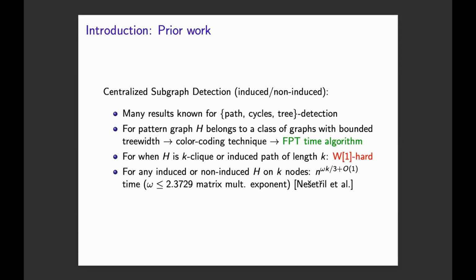But for some pattern graphs H with good structural properties, we are able to design efficient algorithms based on methods in parameterized complexity. For example, for pattern graphs with small treewidth, we can design efficient algorithms. Although there are still some pattern graphs on which the problem remains hard, for example when H is a k-clique or an induced path of length k.